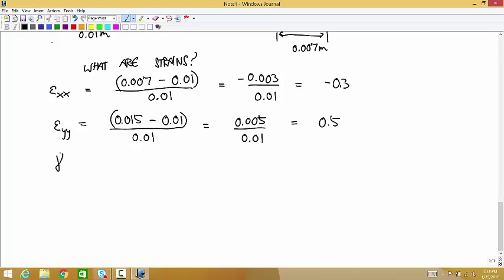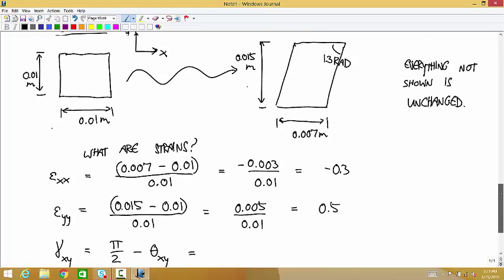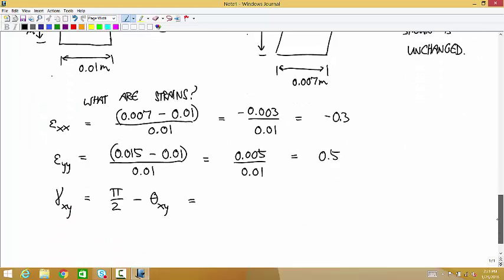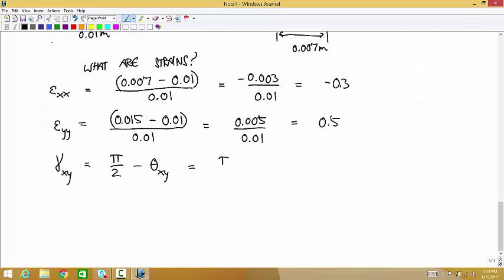And then for the shear strain, you have pi over 2 minus theta xy. Theta xy is the angle between the positive x and y faces, so that's 1.3 in this case. So we got pi over 2 minus 1.3, which is 0.271.